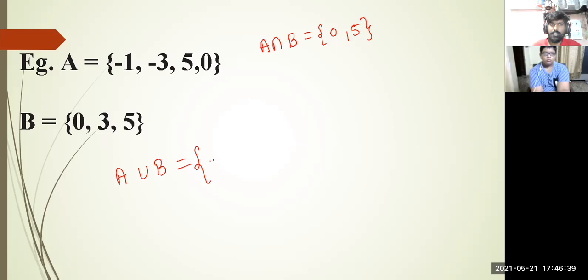So start with A: -1, -3, 5, and 0. Anything remaining? 3, from B. So this will be the union. You are writing all the elements together.